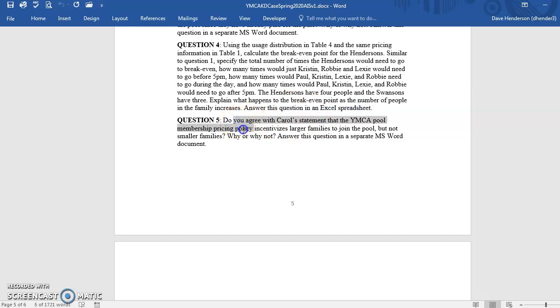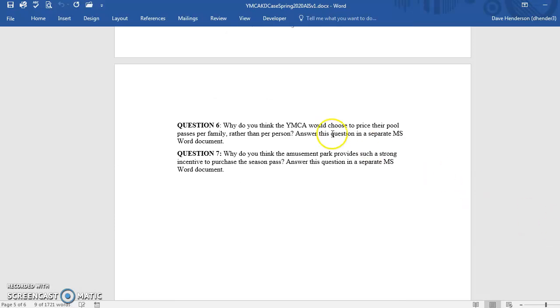Question 5, do you agree that the YMCA pricing strategy incentivizes larger families, not smaller families? Answer your question in a separate Microsoft Word document. And then why do you think the Y prices per family? Why do you think the amusement park price gives such a strong incentive to purchase the season pass? Both of these questions answer in a Word document.